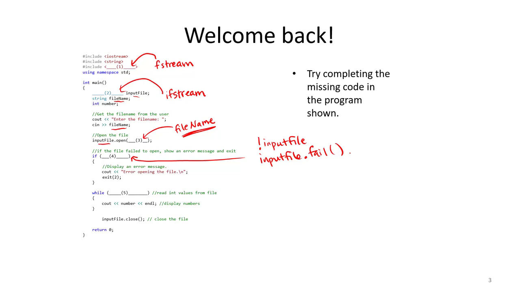Finally, in blank number 5, we're trying to read int values from our file. And notice here we are also outputting this variable number, which we have not yet assigned any value. So based on this context, we can conclude that blank 5 must be attempting to read the next number and store it inside the variable number.